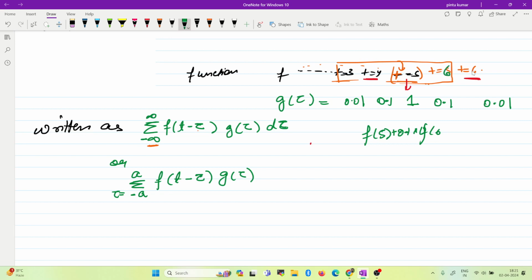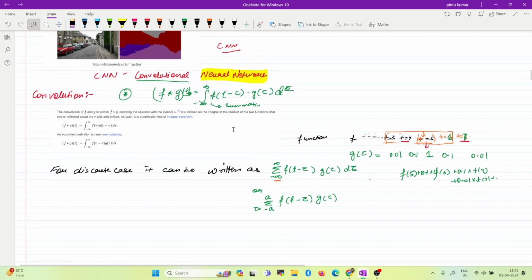This is t equal to 6, this is t equal to 7, right? Plus 0.1 into f of 4 plus 0.01 into f of 7, and so on. So this is how the discrete version of your convolution operator would look if you bound it, going just from minus a to a rather than from minus infinity to infinity.